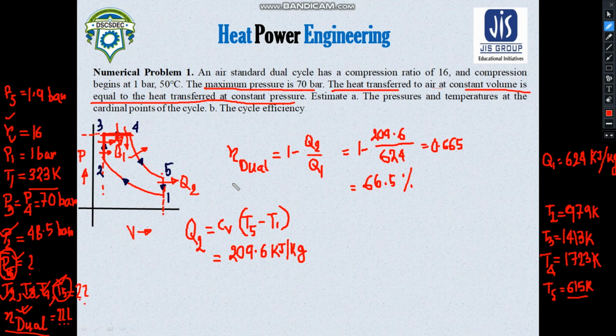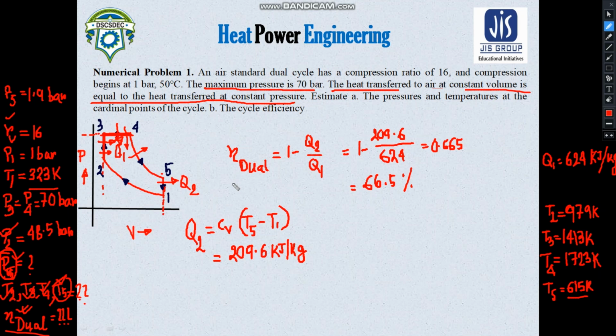We would like to compare auto, diesel and dual cycle from the point of view of efficiency from two aspects. The first aspect is when all three cycles have the same compression ratio. When these cycles have the same compression ratio, which cycle will provide you the maximum efficiency?